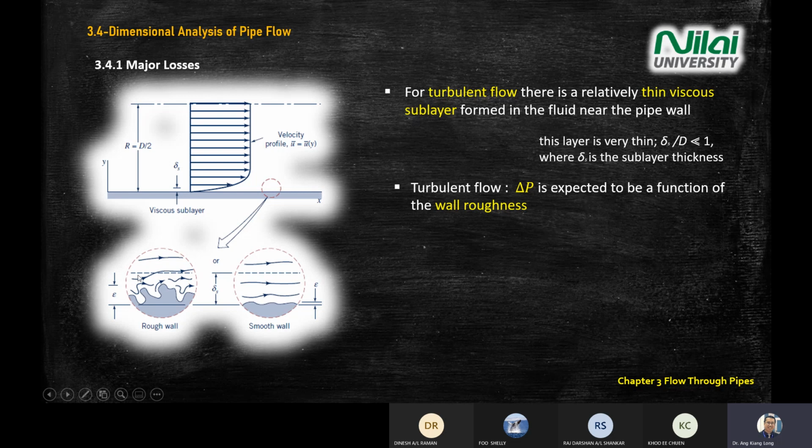As you can see in this diagram over here, the roughness of the surface will give you different conditions, right? This is self-explanatory. If you have a rough wall surface, then you'll see the flow is actually having some turbulence or roughness along the surface. However, if you have a smooth wall, then yes, you have a little bit of disturbance, but not much compared to the rough wall here.